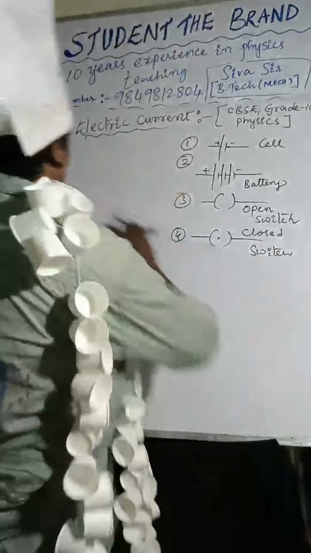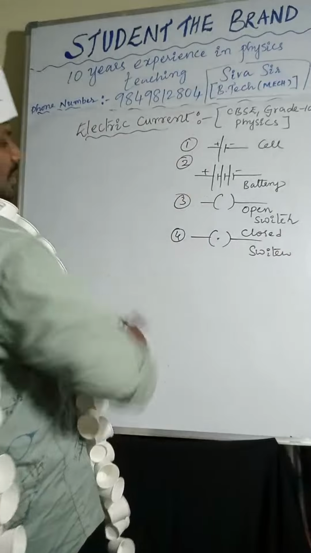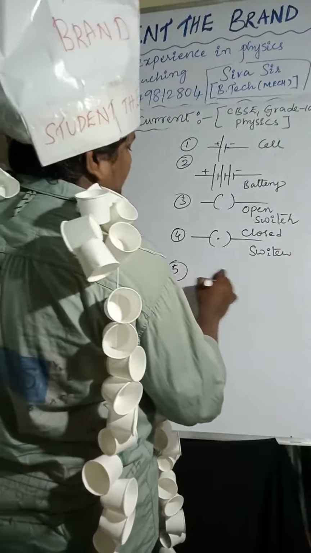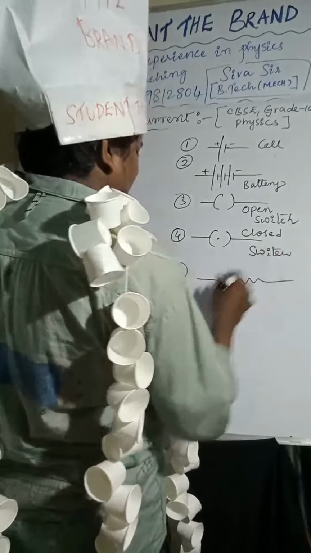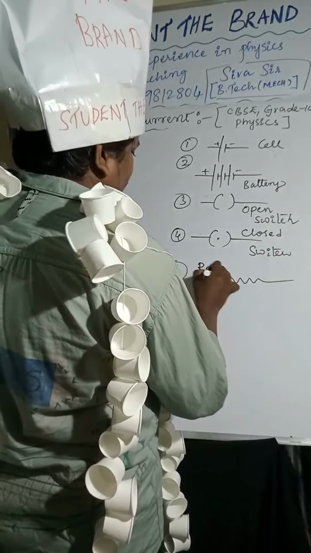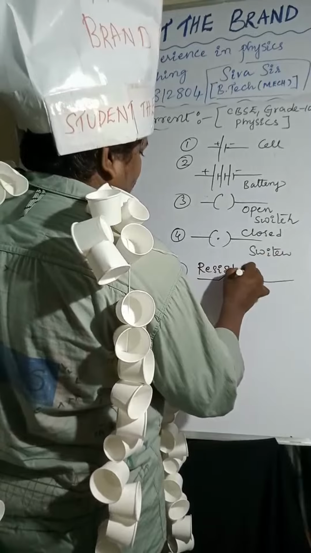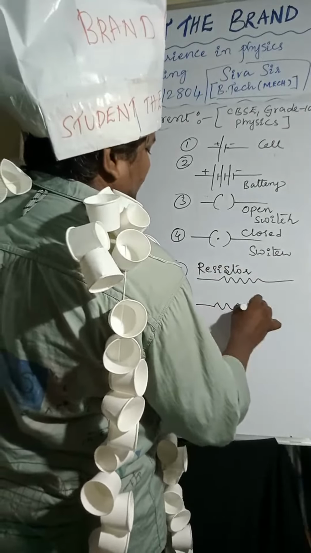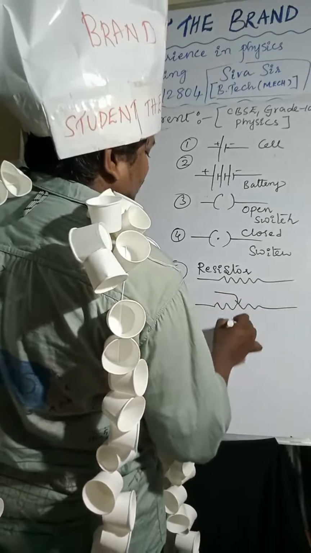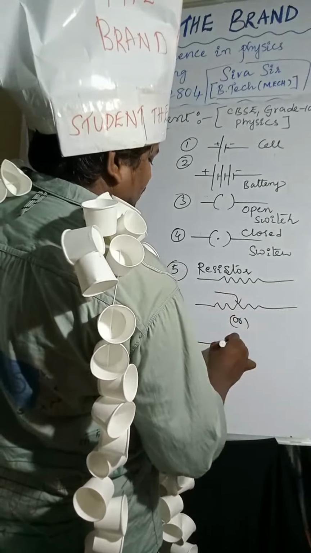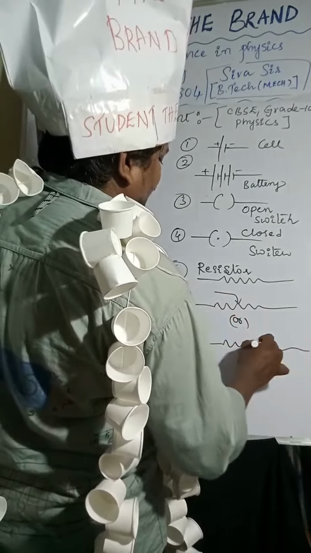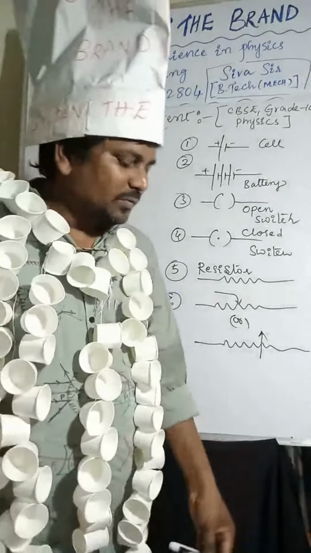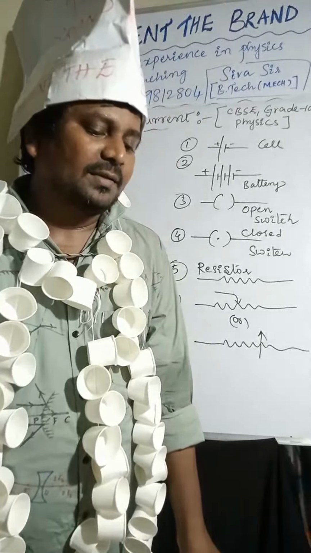Now we'll discuss the resistor. The fifth one is the resistor. And the sixth one is the rheostat. A rheostat is a device which is used to regulate the current.